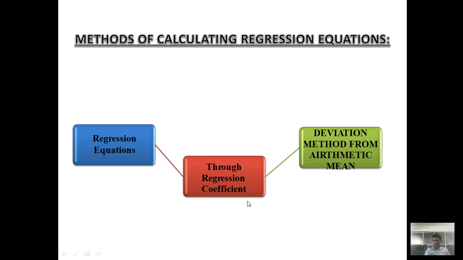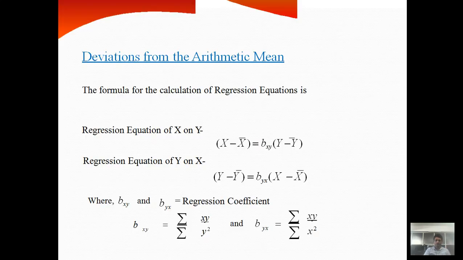We have to use a measure of central tendency, and one important measure is deviation. Deviation is just how much the data is varying from the mean. Deviation from the arithmetic mean is sometimes known as expectation.